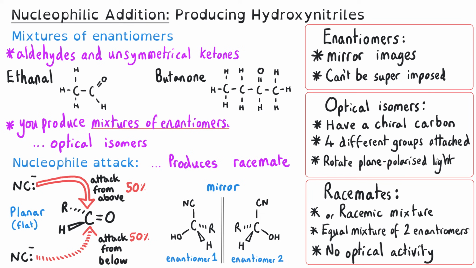And this means that we end up with an exactly 50-50 mixture between the two potential enantiomers that could be produced as a result of this nucleophilic attack.